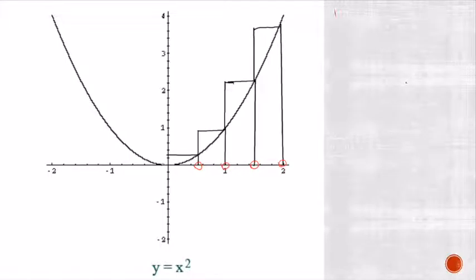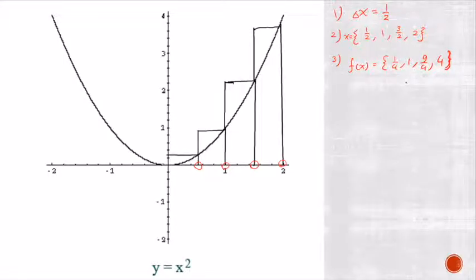For our first step, our width remains the same, 1/2. In our second step, our boundaries are shifted over because we are using the second x-coordinate of each rectangle. Instead of 0, 1/2, 1, and 3/2, we have 1/2, 1, 3/2, and 2. In our third step, we plug in these boundaries to get 1/4, 1, 9/4, and 4 as our heights.